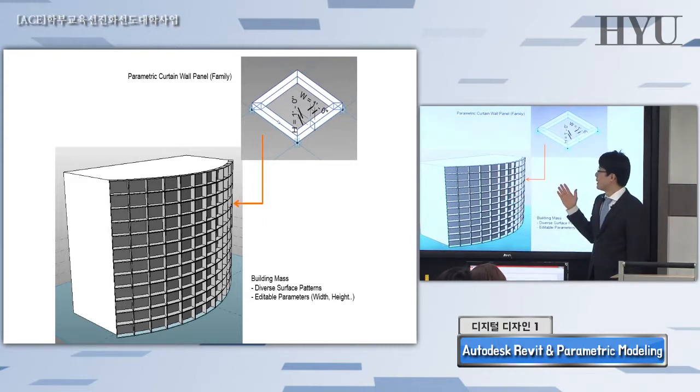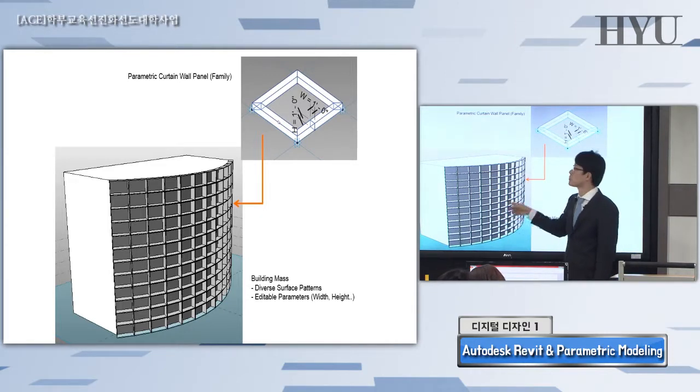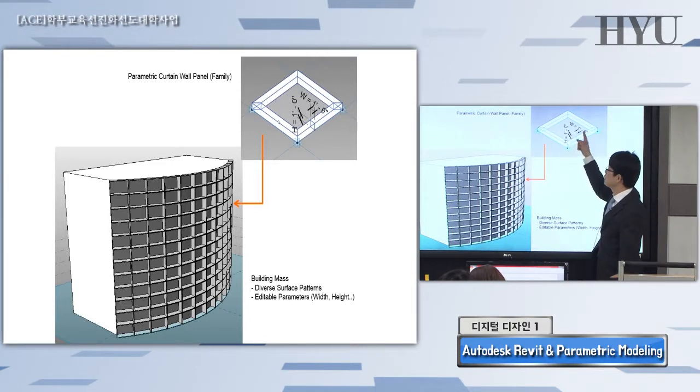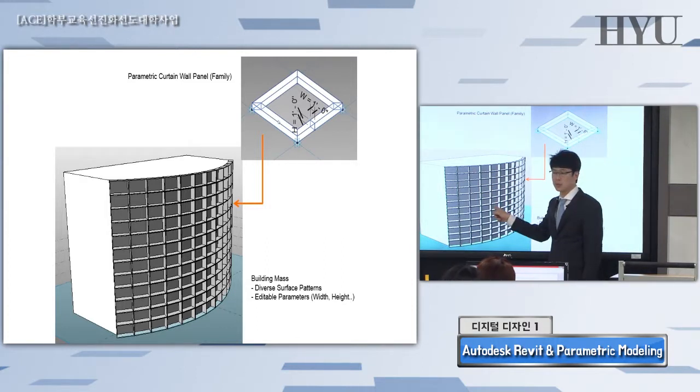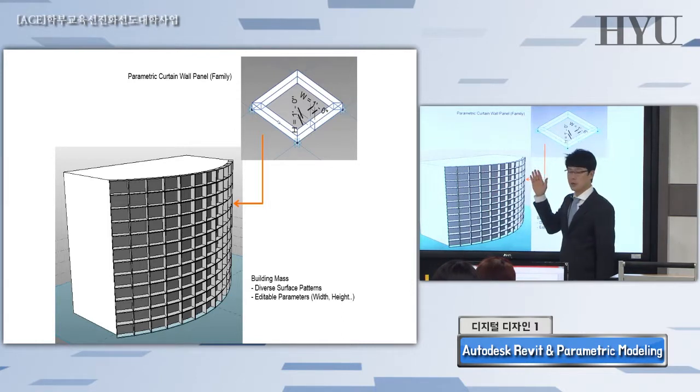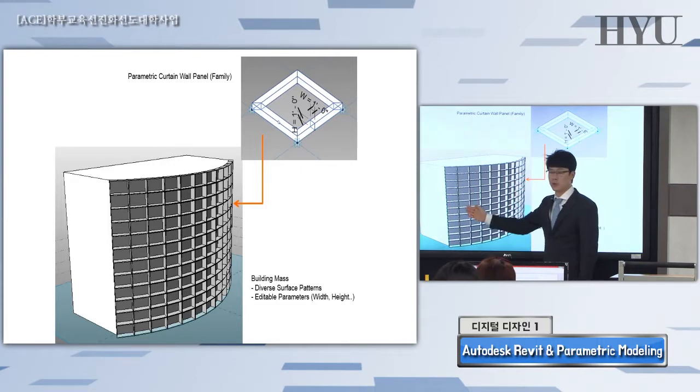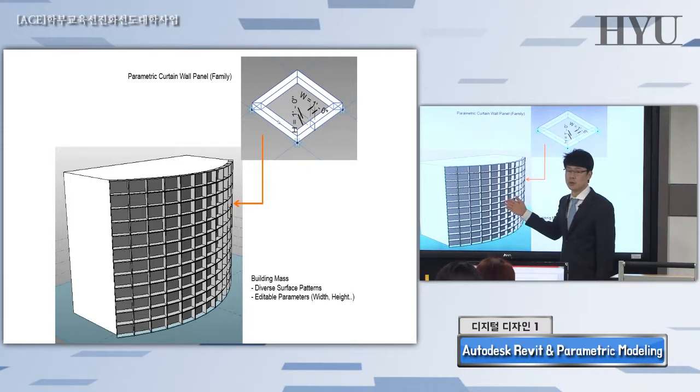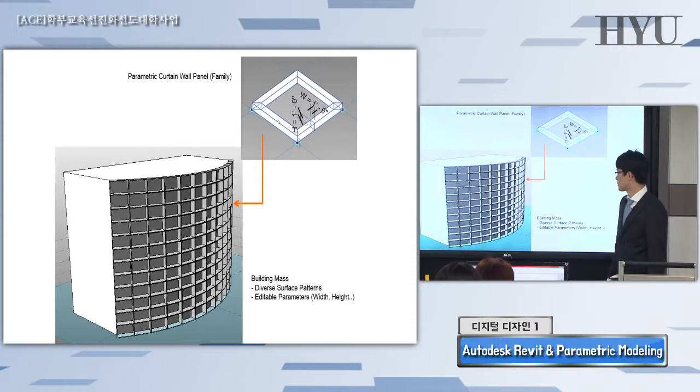But in this kind of parametric tool, if you define this one, this is a part, okay, this is an assembly. If you define the part using two simple parameters, height and width, load this part into your project, and place it on the surface, define the surface, then these parts are modeled this way. If you put in numbers 10 by 10, a total of 100 frames are auto generated this way.